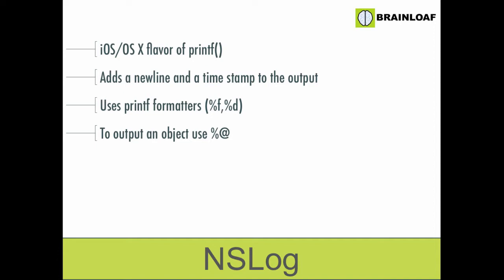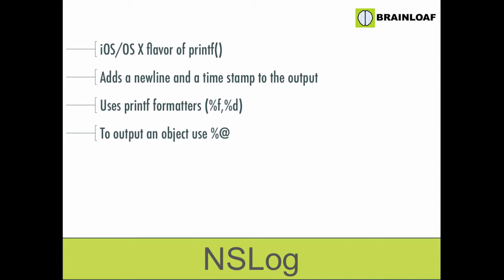NSLog is a handy routine to use while you're coding to output the status of certain variables, let you know where in the code you are. It's also useful for debugging and outputting the status and the values that are currently in operation. It works like printf in C, where you can give it a string followed by a comma-separated list of parameters. And inside that string, you can use the standard printf formatters.